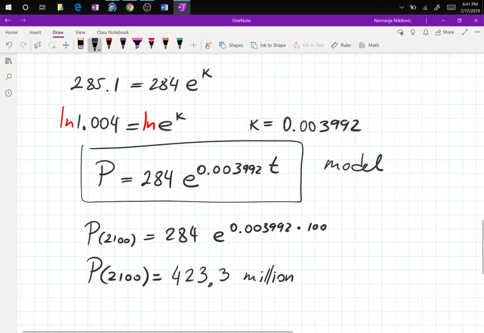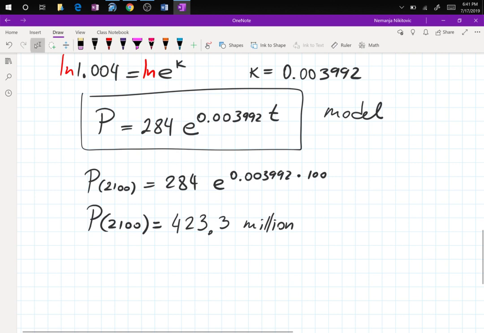It's either 7 or it's 8. 0.3 of a baby, not too good. Well, cries less, but. So yeah, that's true. So we have 423 million in 2100 for the population if this country is to survive that long.